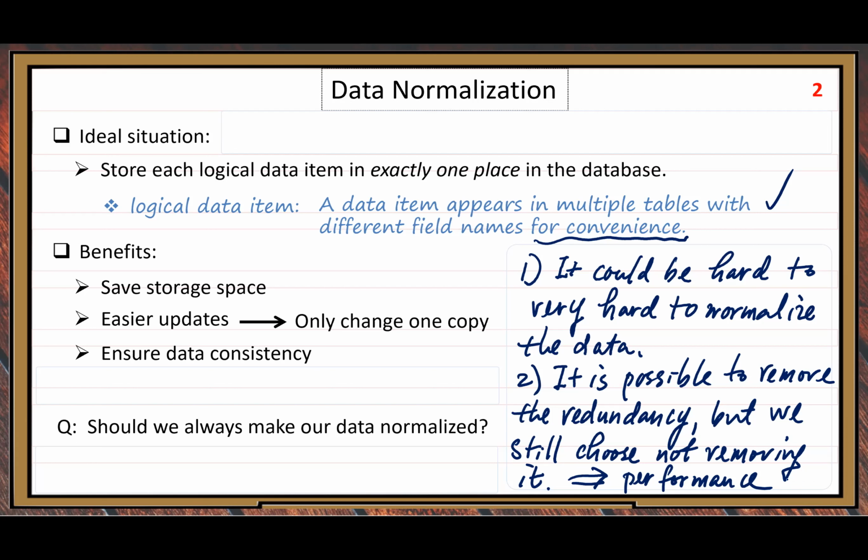Let me explain a little more why redundancy can help improve performance. Think about a situation: in some business, we first collect original data. After we collect original data, sometimes we need to process it to generate some derived data.